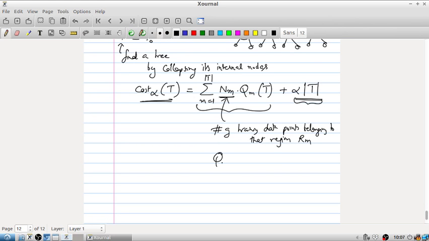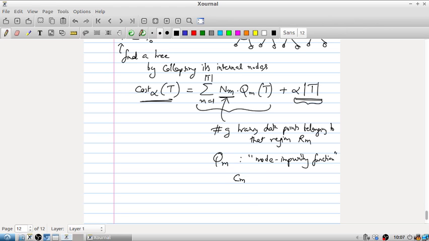And then qm, we're just going to call it the node impurity function. Just a fancy name. All it's saying is how good is that cm.